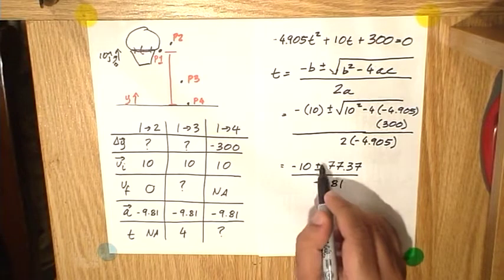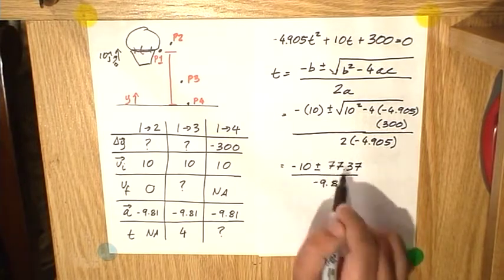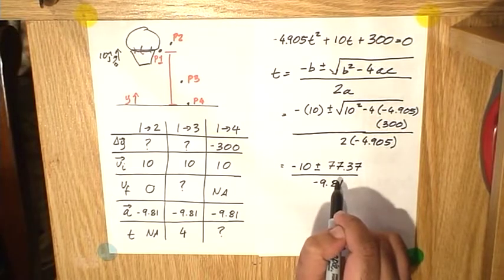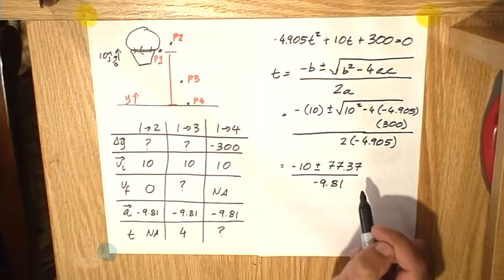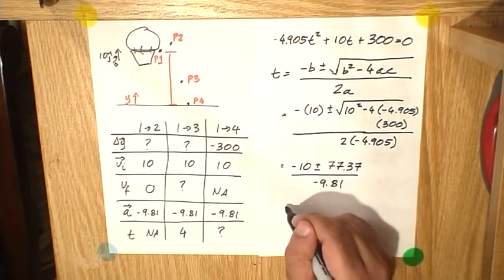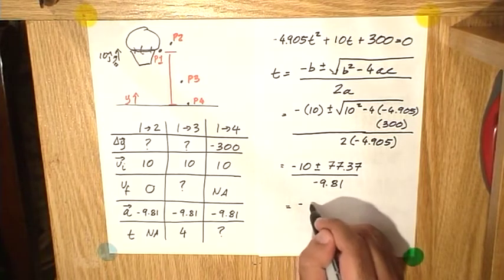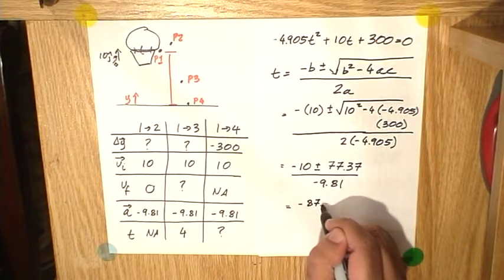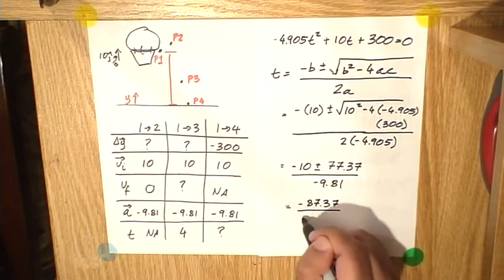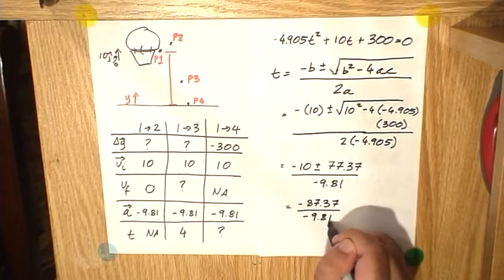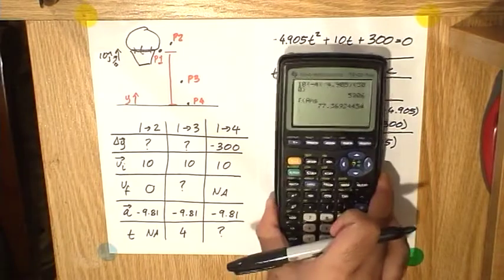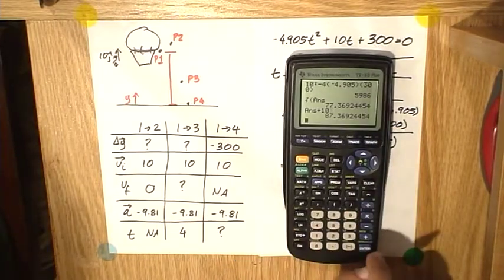Now, if I added these two together, then I'd get a positive in the top and a negative in the bottom. But that's not a suitable answer because we can't have a negative time. So instead I have to subtract these two. That'll give me negative 87.37 divided by negative 9.81, which you could solve like this.